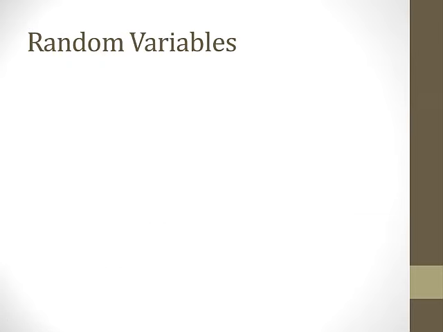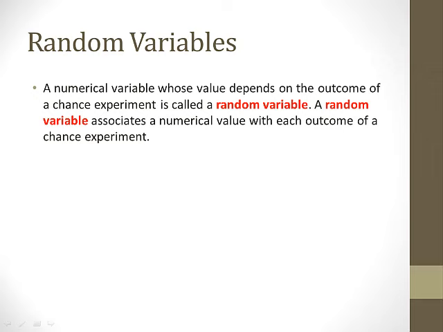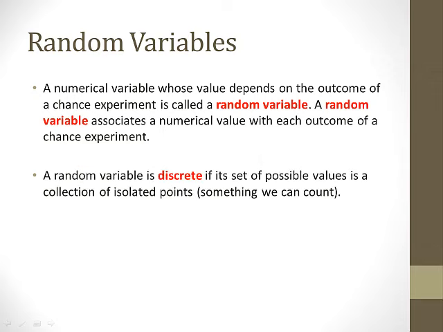Okay, so what is a random variable? A numerical variable whose value depends on the outcome of a chance experiment is called a random variable. So it associates a numerical value with each outcome of a chance experiment. It's discrete if the values are isolated points, generally something that we can count.